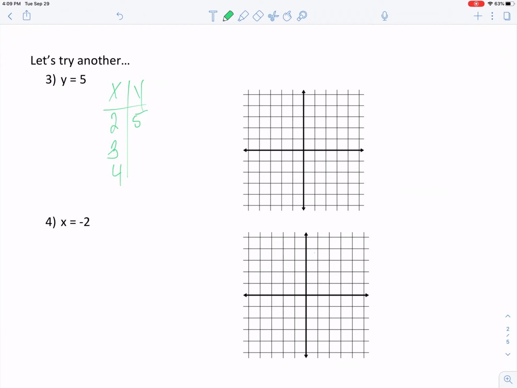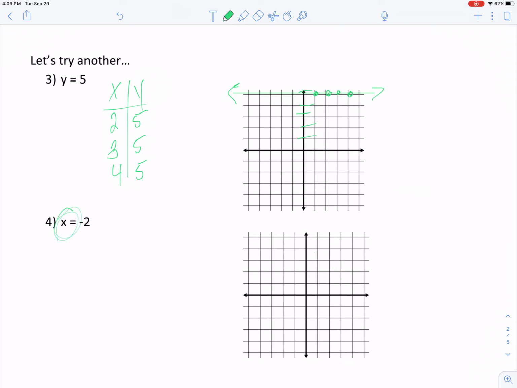Y equals 5. No matter what you plug in, y equals 5. 5, 5, 5. I plotted a wrong point, but there it is. What you're looking at is a flat horizontal line. If it's y equals, that means it is a flat horizontal line at that y value. 1, 2, 3, 4, 5, flat horizontal line right there on y equals 5.